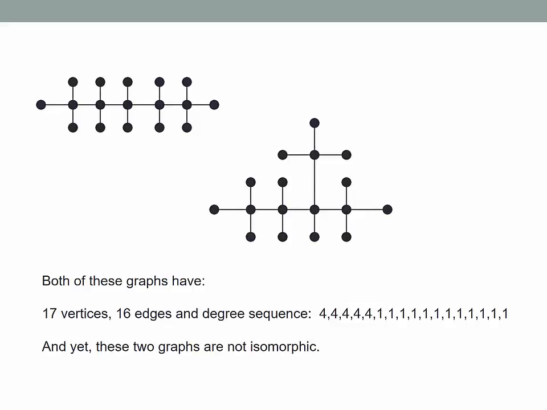They both have 16 edges, so they're the same size. Furthermore, they have 1, 2, 3, 4, 5 vertices that are each of degree 4, and all the remaining vertices are of degree 1, so they have the same degree sequence. So it's clear that two graphs that are not isomorphic can have a large number of graph invariants that are the same. We need to find just one graph invariant where they're different.